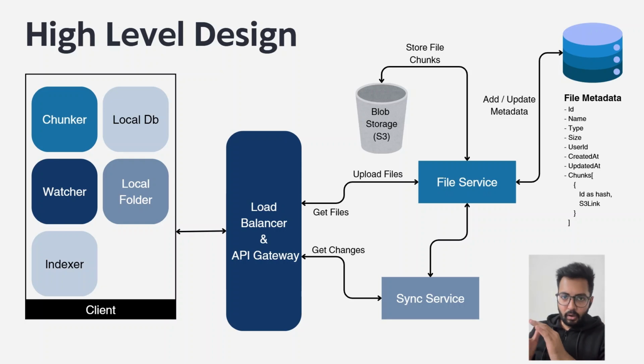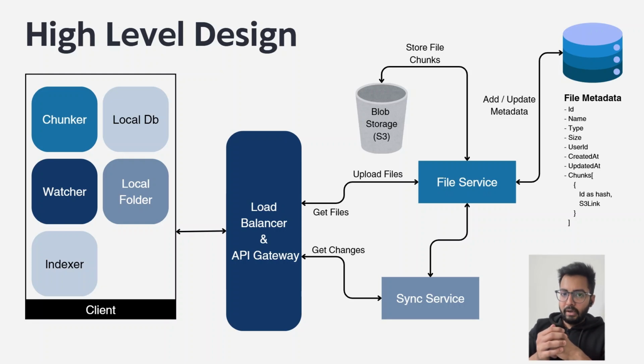The third functional requirement is file sync across devices. Now let's assume a change is made on a client. Let's say we have two clients, user A and user B. User A is making some change from his device, and user B is making some change on his device, in the same file storage, let's say for the same particular file.